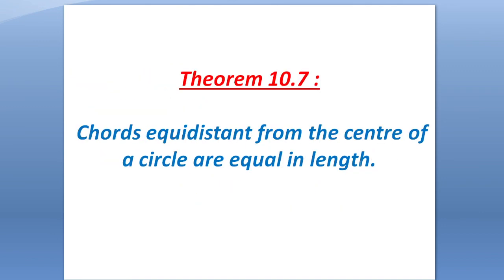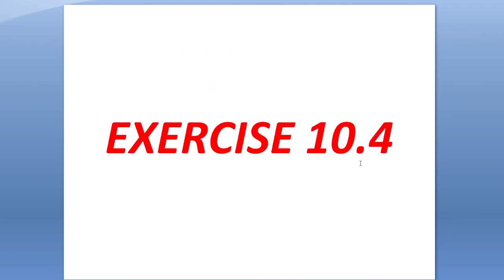So this is theorem number 10.7: chords equidistant from the center of a circle are equal in length. That means if chords are equidistant from the center of a circle, they are equal in length.